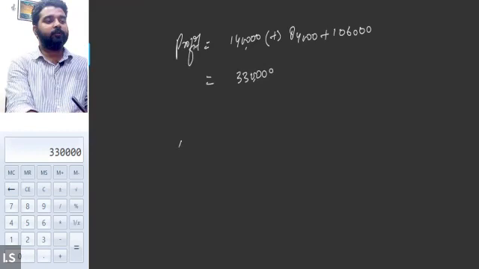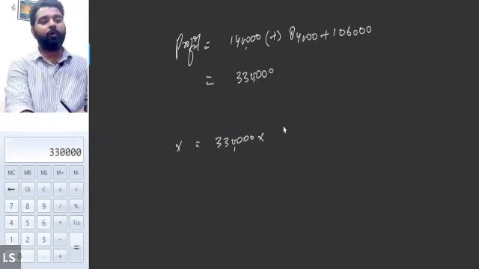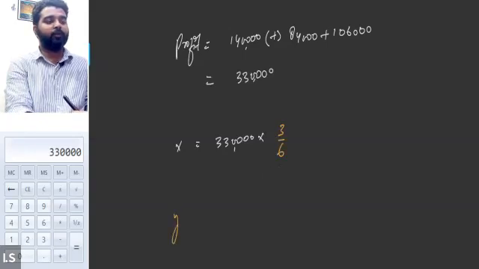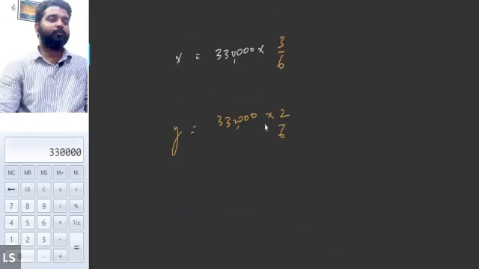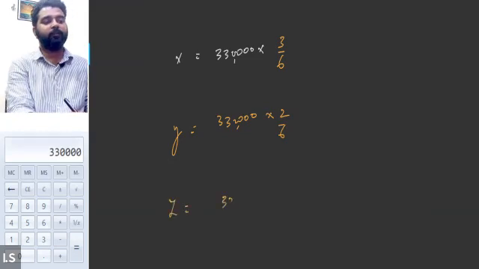So that means, for X, the amount that he should have got is 3,30,000 into 3/6, and the amount that Y should have got is 3,30,000 into 2/6, and the amount that Z should have got is 3,30,000 into 1 upon 6, right?